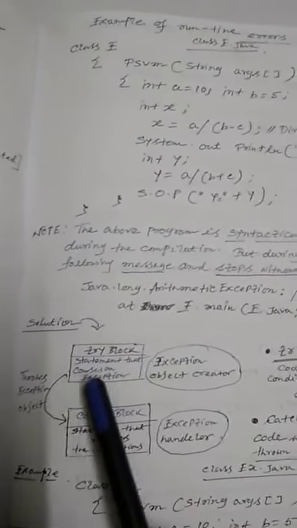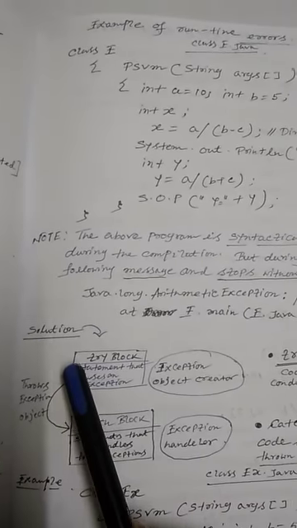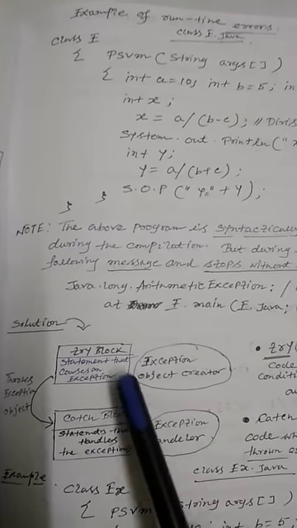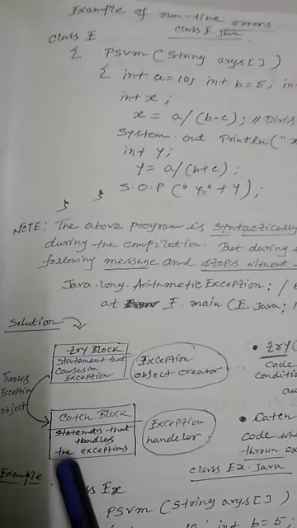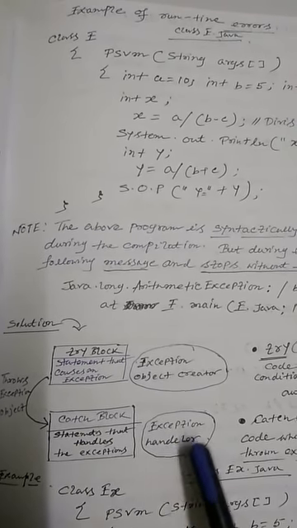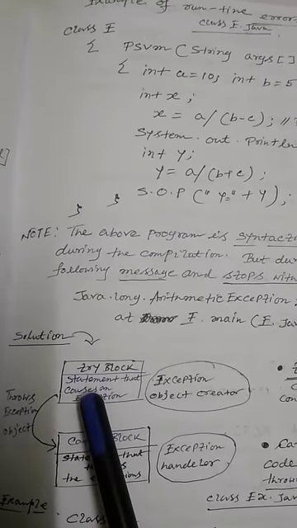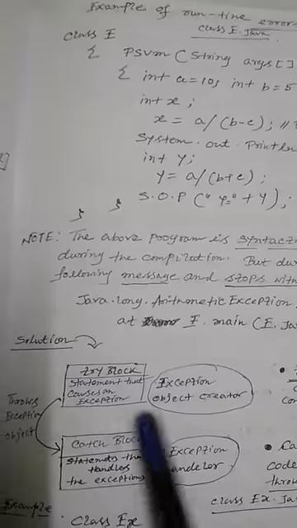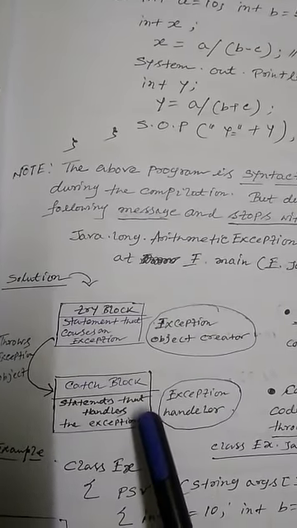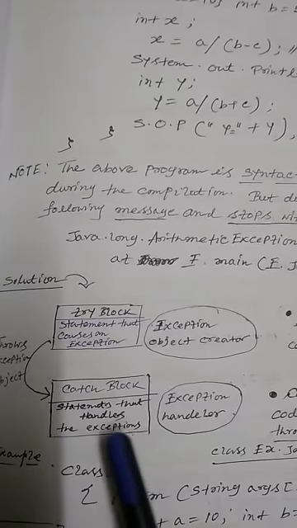So now how are we going to deal with this? If we use a try and catch block. What is try? Try is the exception object creator, and the catch block is the exception handler. The statement that causes the exception will be put within the try block, and catch will deal with it as an exception handler.